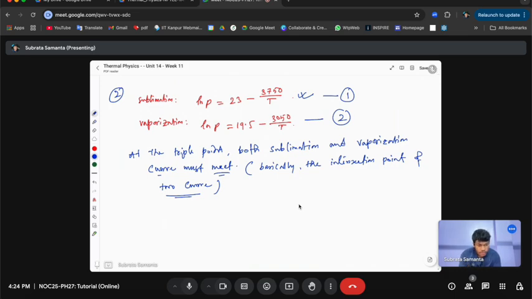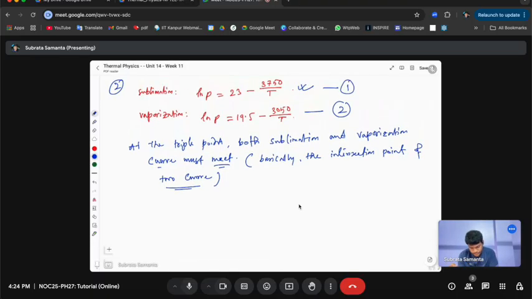Now if the two curves meet at the common point, the intersection point, the values of P and T are the same for both equation 1 and equation 2, where the two curves intersect.